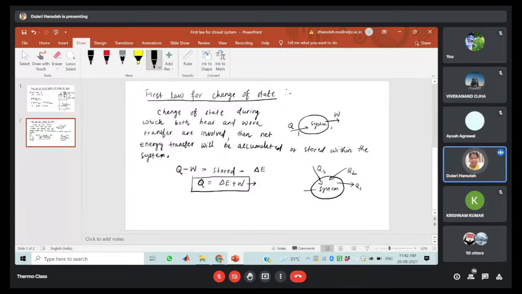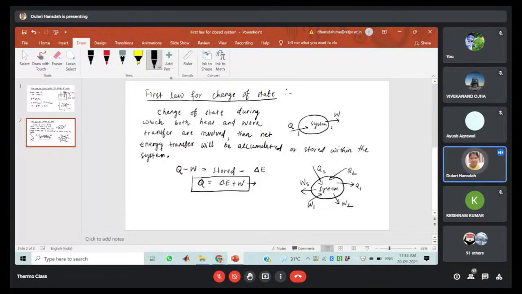So suppose W1 amount of work transfer is there, and W2 amount of work output is here, and W3 amount of work output from the system is there. So there are many energy transfer quantities involved in this process.